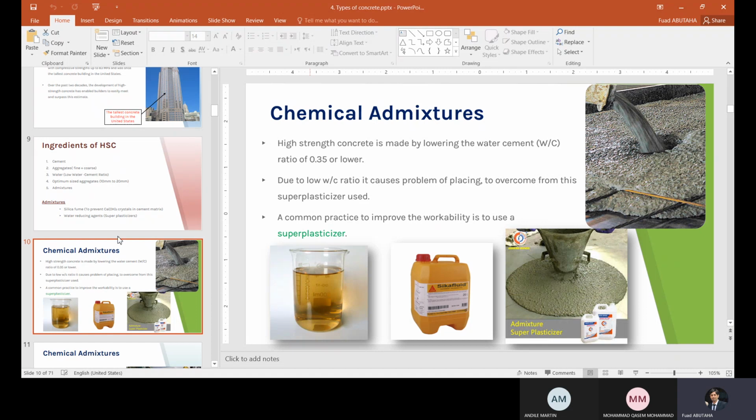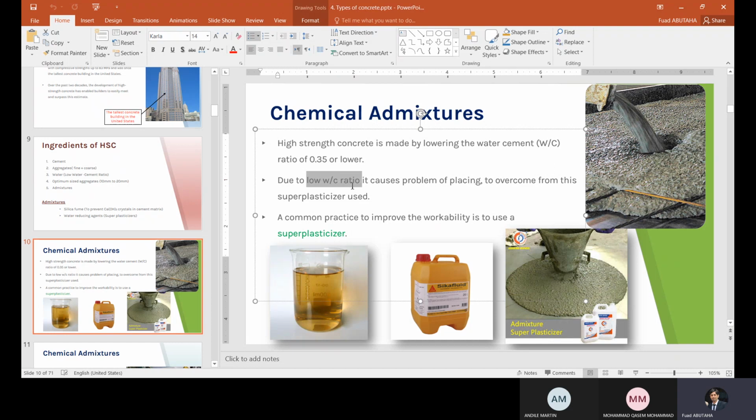But the first step in order to design high strength concrete is by reducing the water cement ratio. Decrease the water contents. And once you decrease the water contents, the concrete will start to be harsh, stiff, dry, difficult to handle, difficult to transport, difficult to compact.